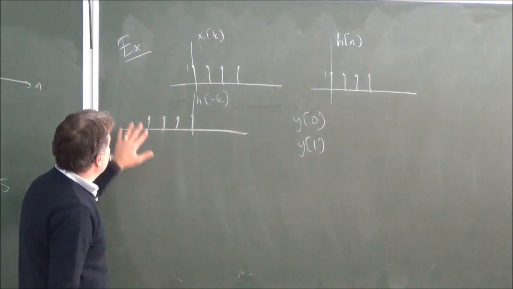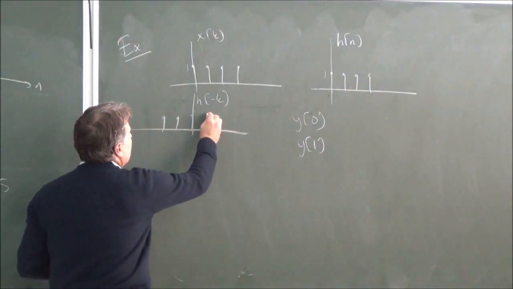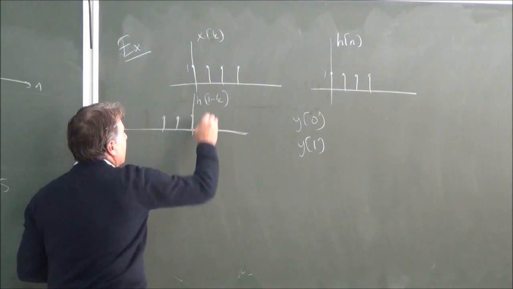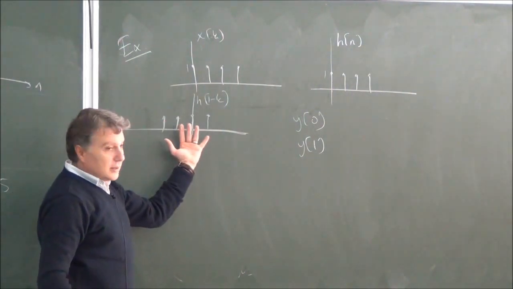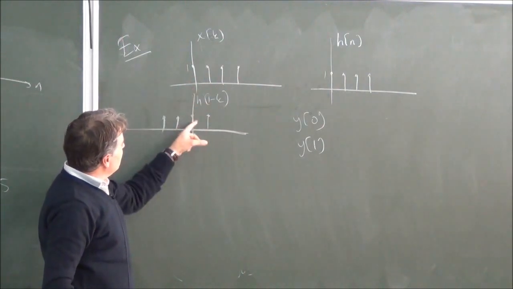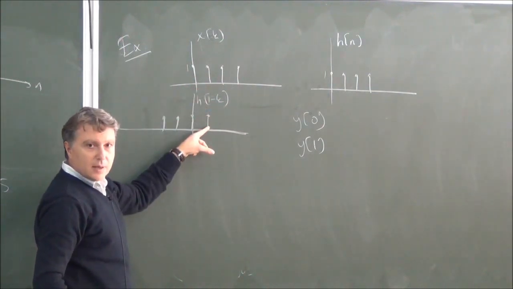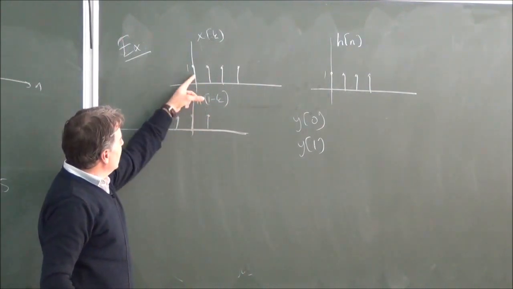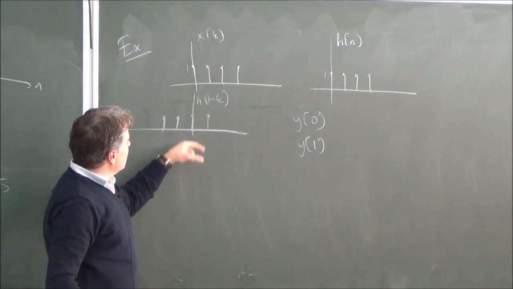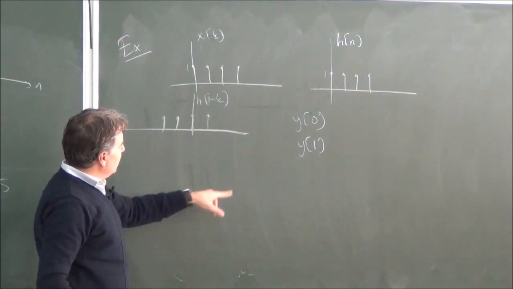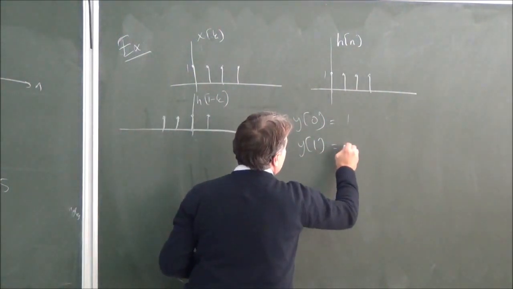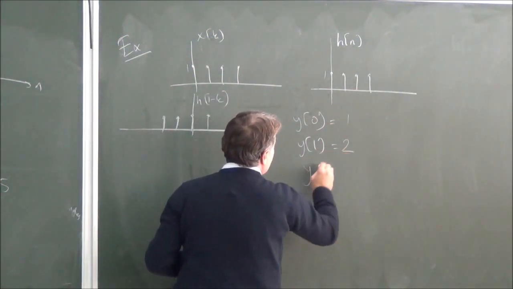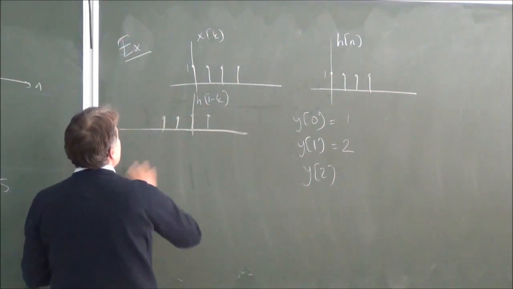Y of 1. H of 1 minus k is this, shifted towards right. Two items will overlap. And 1 times 1 is 1, 1 times 1 is 1. If you add them, it will be 2. So this is 1. This is 2.